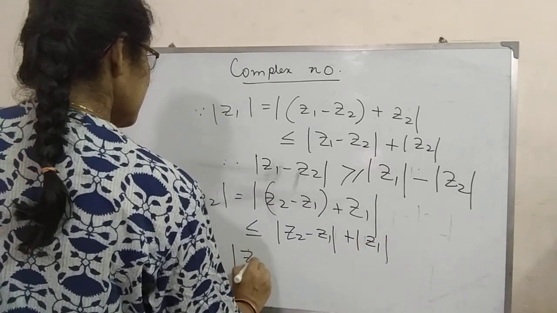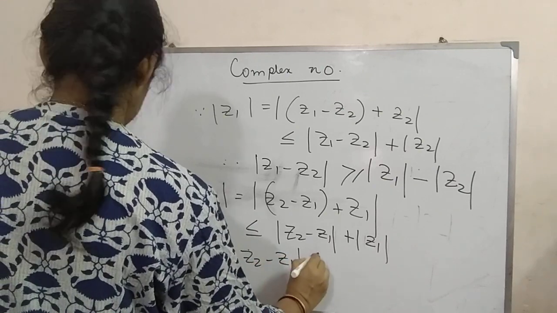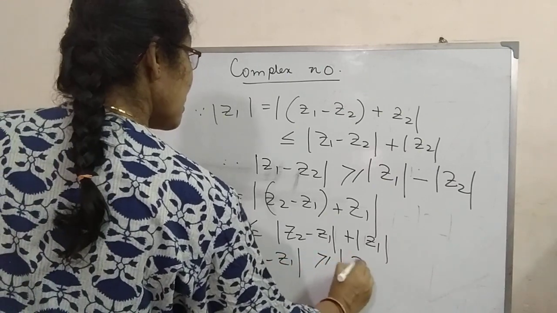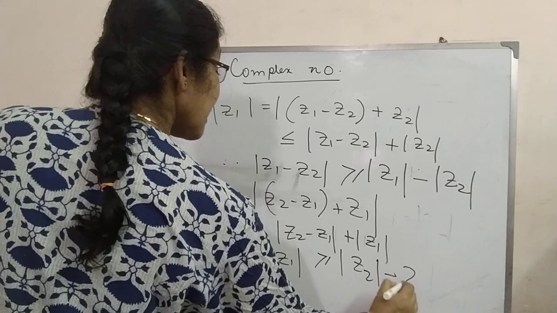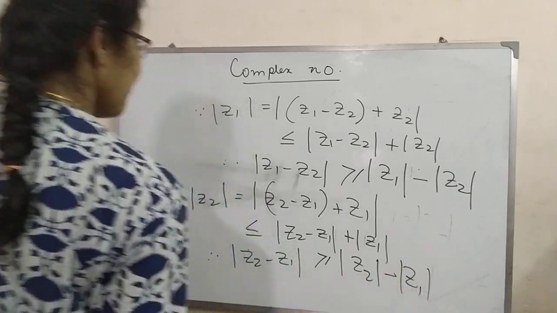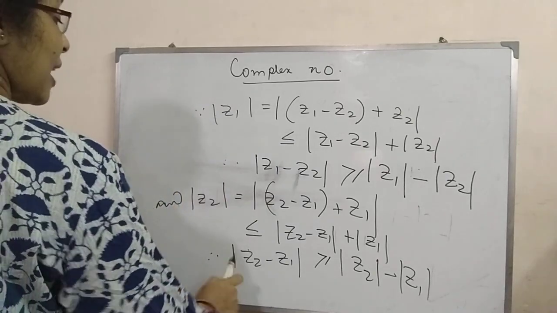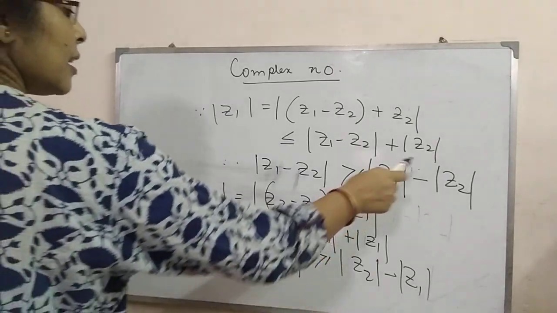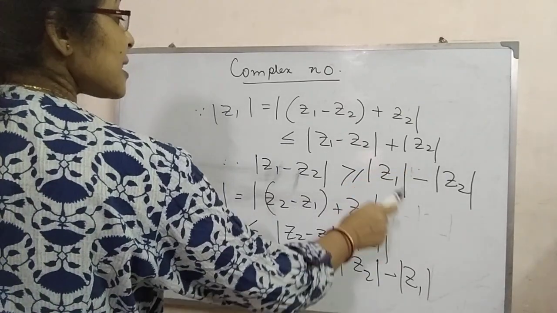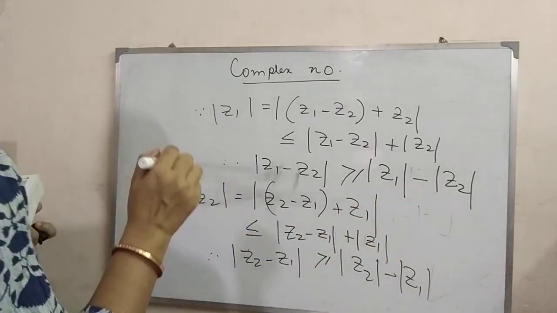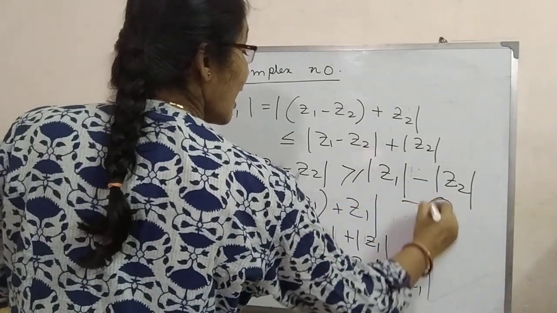Therefore, modulus of Z2 minus Z1 is greater than or equal to modulus Z2 minus modulus Z1. So I can write it as modulus of Z1 minus Z2 and modulus of Z2 minus Z1. This is from 1 and this is 2.